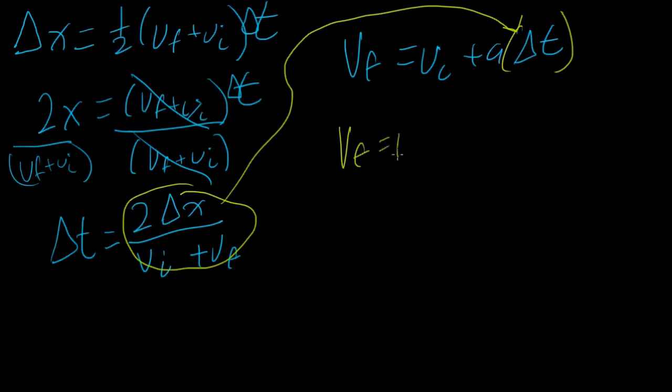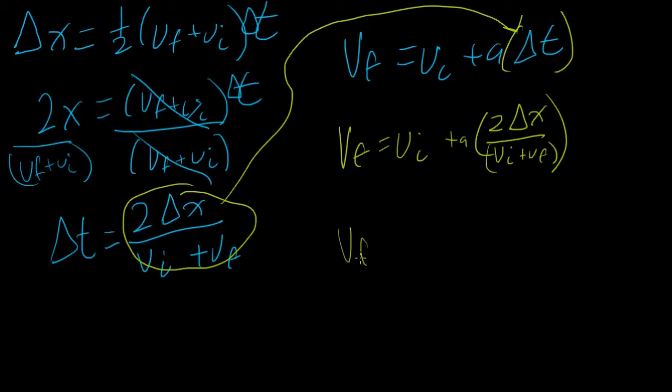So I have vf equals vi plus a times 2 delta x over vi plus vf. Put parentheses. So we get vf equals vi plus 2a delta x over vi plus vf. Okay, this is where the algebra gets kind of silly.